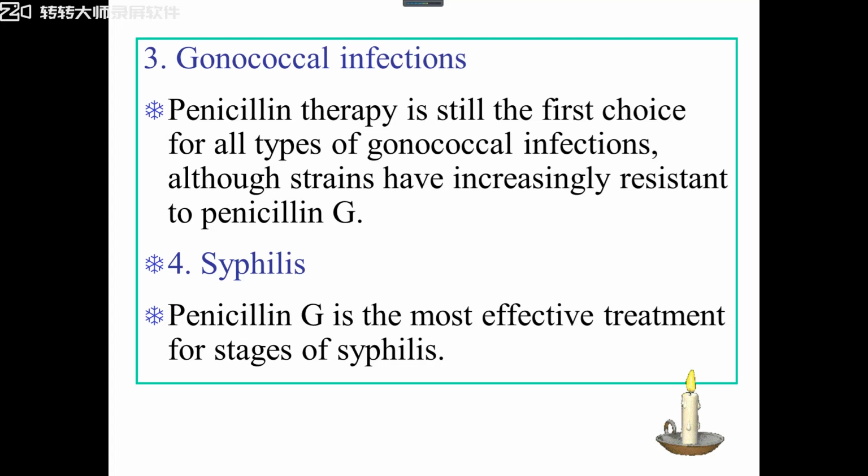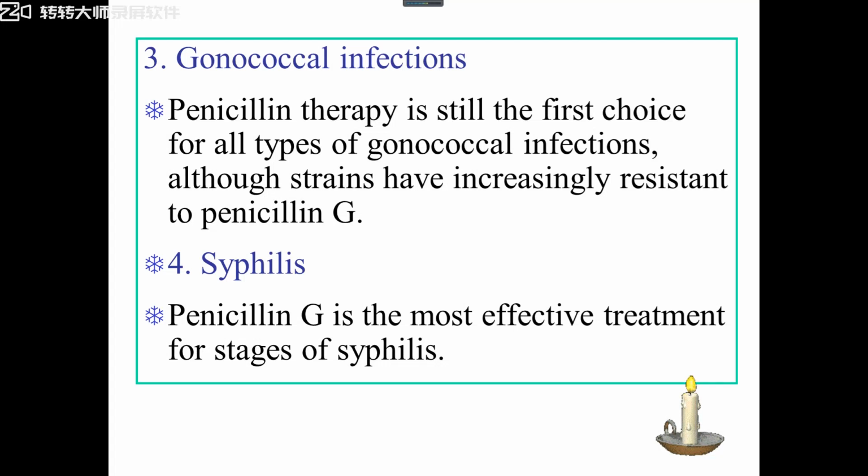Maybe you're confused why the doctors don't give the patients penicillin G. Because penicillin G is the cheapest. Understand? So some local, secret clinics give the patients lots of different special new antibiotics.